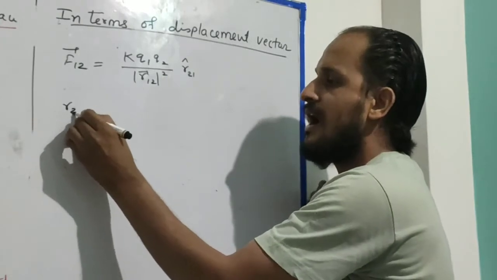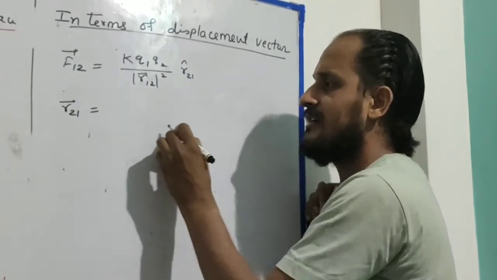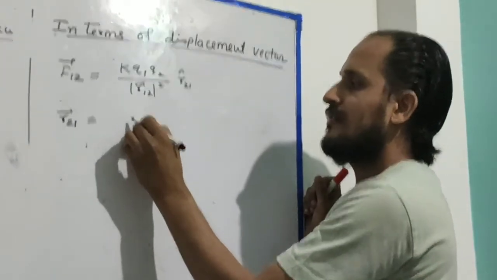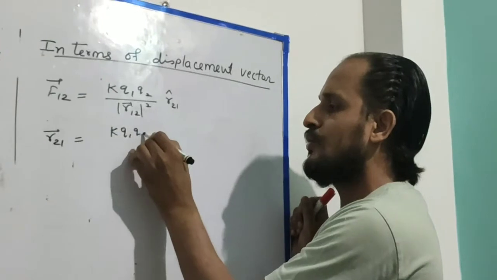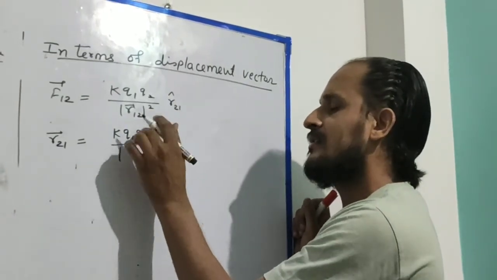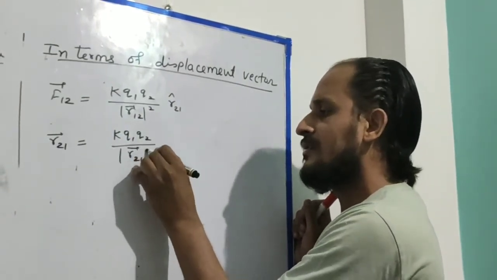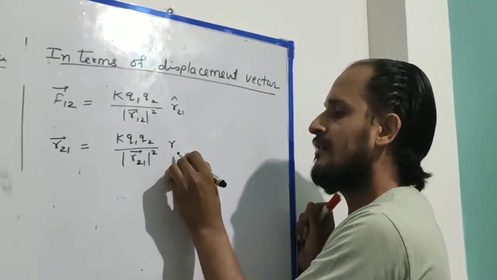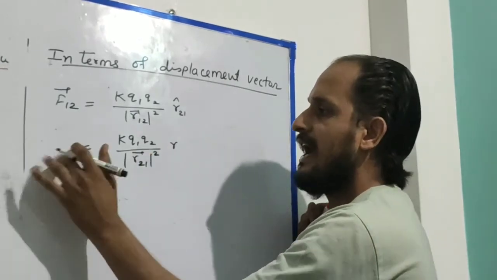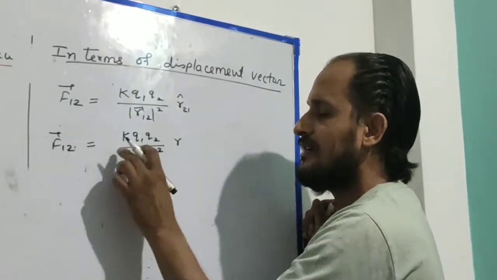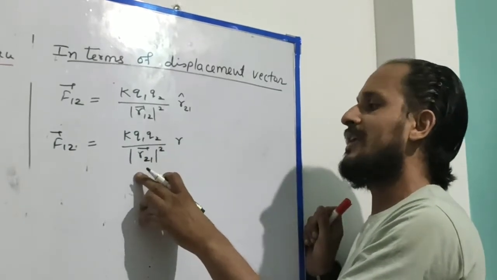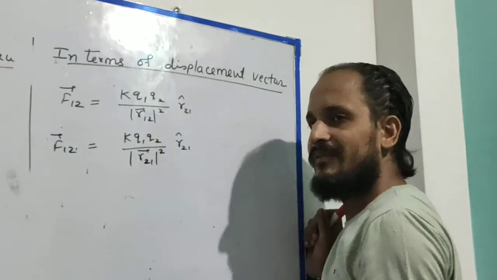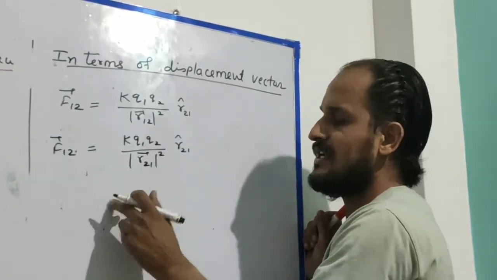F12 vector is equal to K Q1 Q2 upon R21 magnitude square, R21 cap; 12 or 21 we can write in magnitude, it doesn't matter.